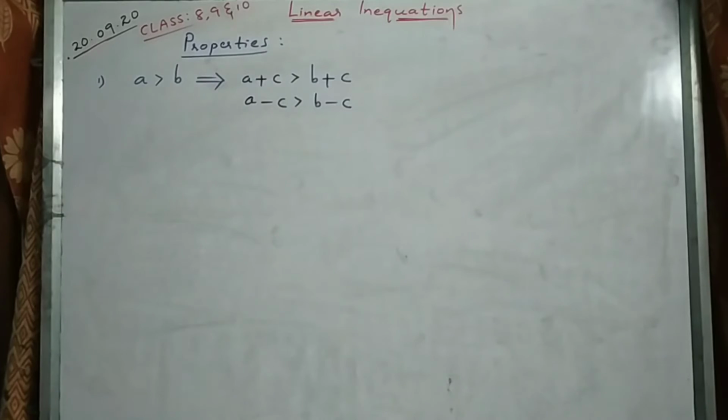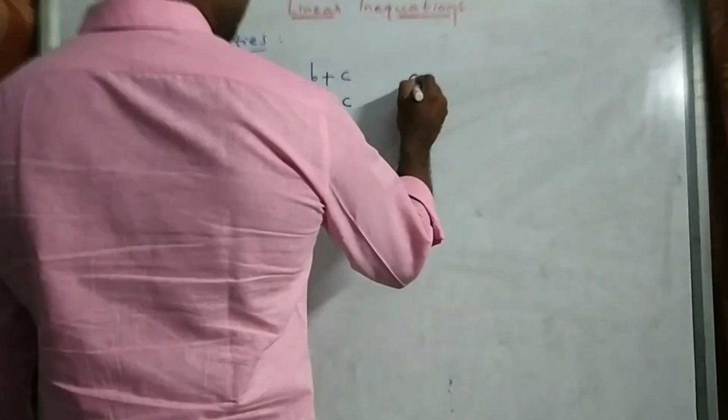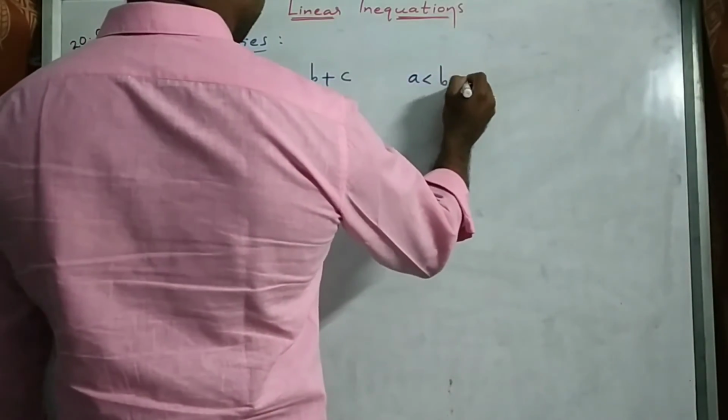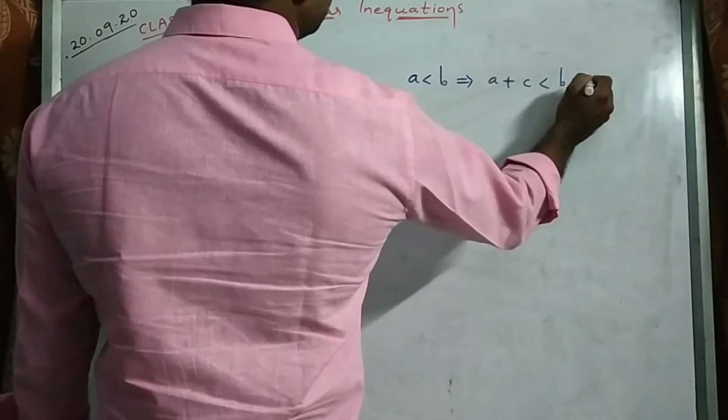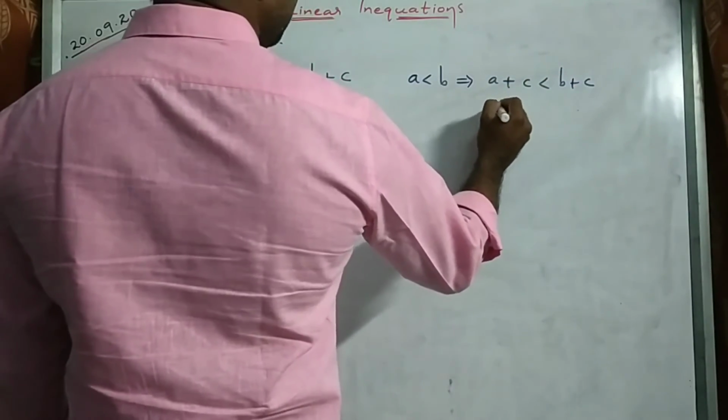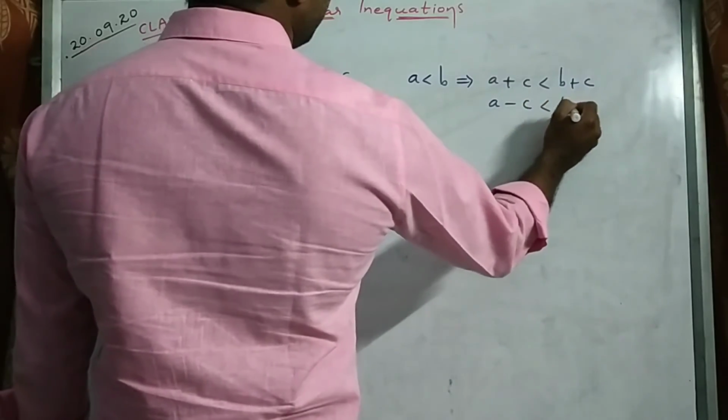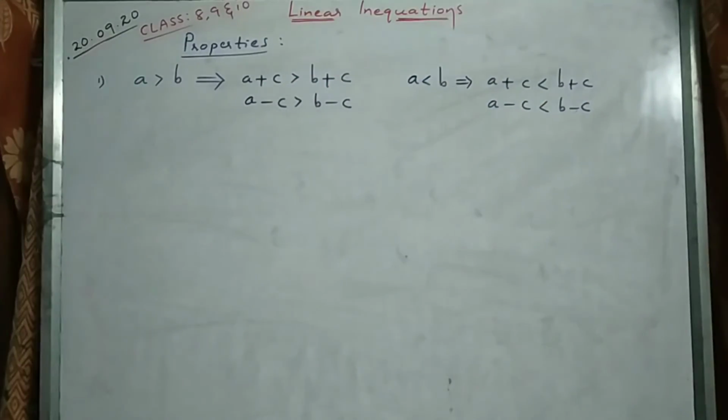Or we can subtract the same number from both sides. Or you can have this also: if A less than B, we can add the same number on both sides, there is no change in the inequality symbol. We can subtract the same number from both sides, there is no change in the inequality symbol.